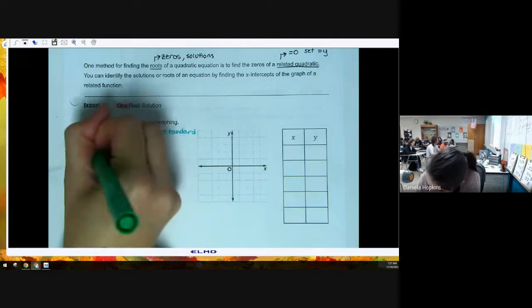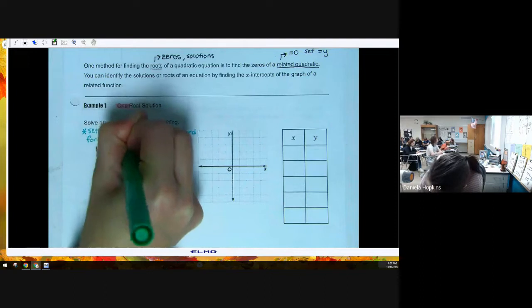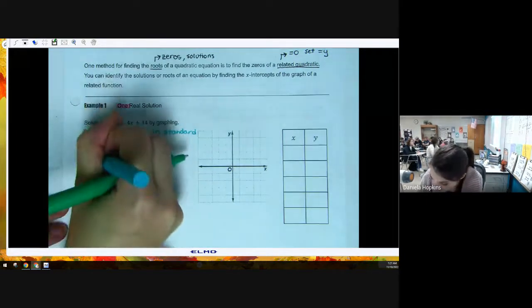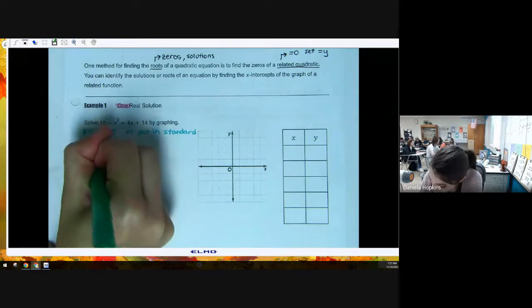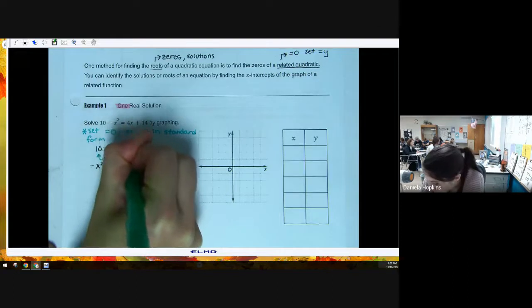We have 10 minus x squared equals 4x plus 14. In order to solve this, first of all, I'm going to switch the order of this negative x squared and the 10, because x squared should come first. So it would be negative x squared plus 10 equals 4x plus 14.